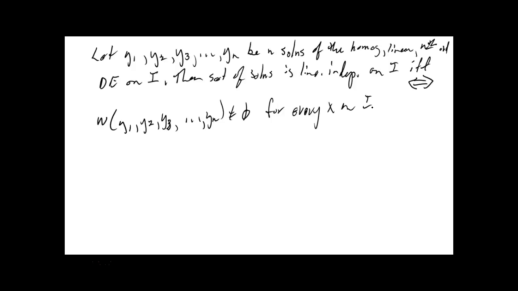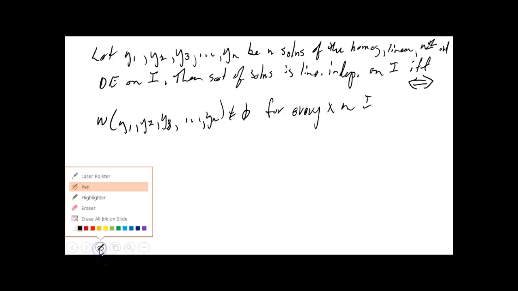Now, let's do the very easy one. And this is not all that easy, okay? It follows from this theorem, before we get there, that when those are n solutions on an interval, the Wronskian is either identically 0 or never 0 on the interval.